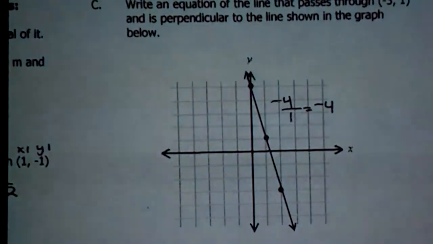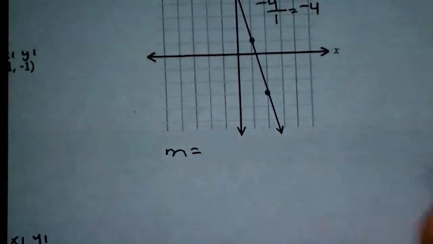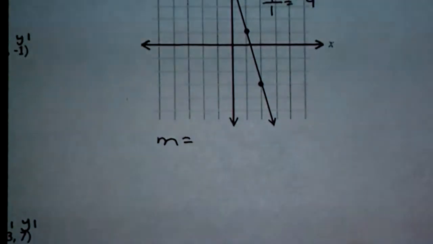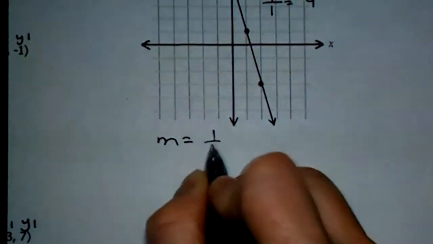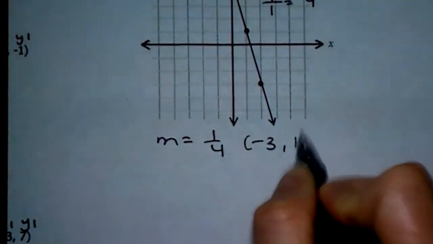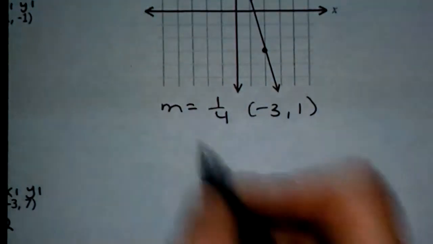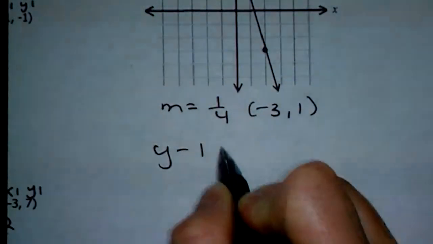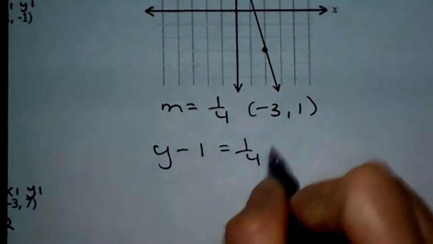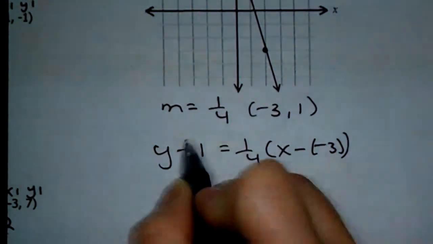Well, a perpendicular slope, the slope I actually need to use, is the opposite reciprocal of negative 4, which would be positive 1/4. So I want a slope of 1/4, and I want the point (-3, 1) to be on there. So y minus y1 equals the slope times x minus x1. Keep change.